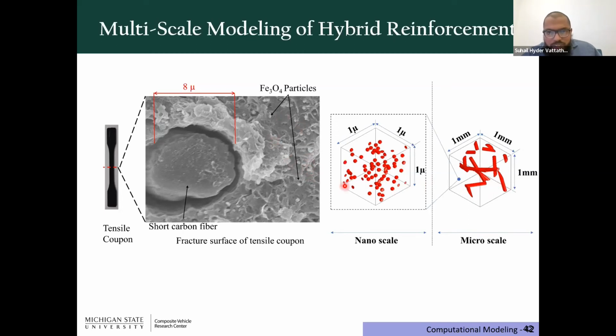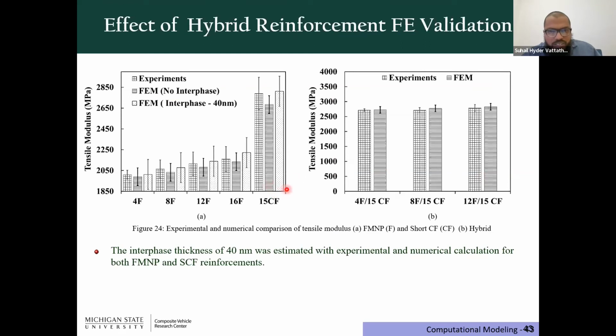So we had a nanoscale model where you had only the ferromagnetic nanoparticles, and then we got the equivalent property of this, and we fed that as the matrix property when we had the short carbon fibers, when we went to the micro scale. And then we analyzed this particular RVE to compare it with the experimental value. So you can clearly see over here, we got a good comparison with the experimental value, and the interface thickness was found to be around 40 nanometers.